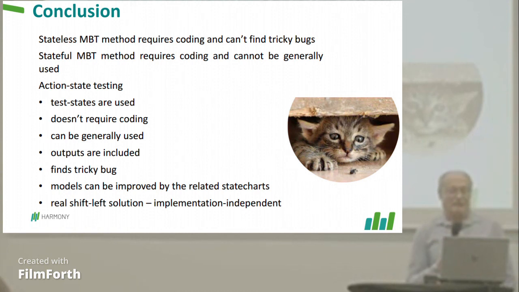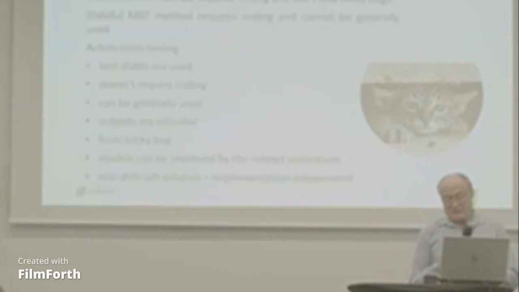It doesn't require coding, can be generally used, and outputs are included, which is really very good. And we can prove that very tricky bugs can be found. The models can be improved by the related state chart, and it's really a shift-left solution because it's implementation independent, and you can start creating a model right after the requirements are ready.